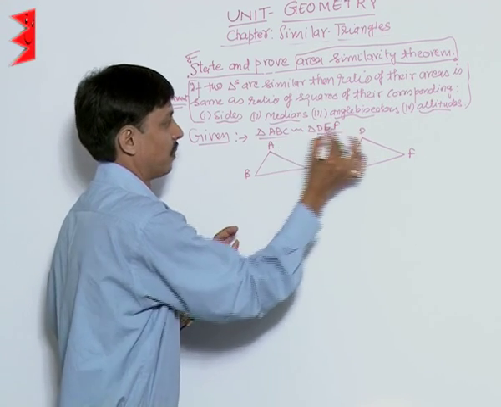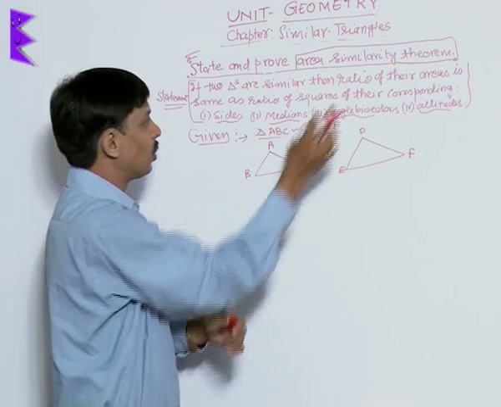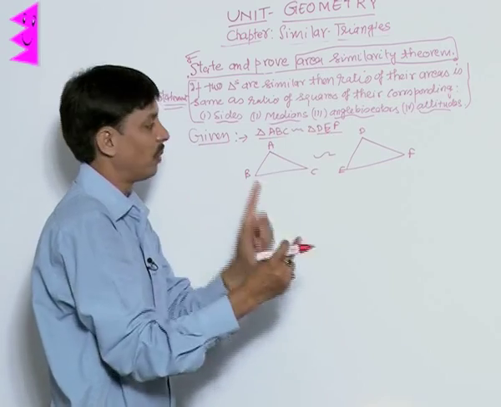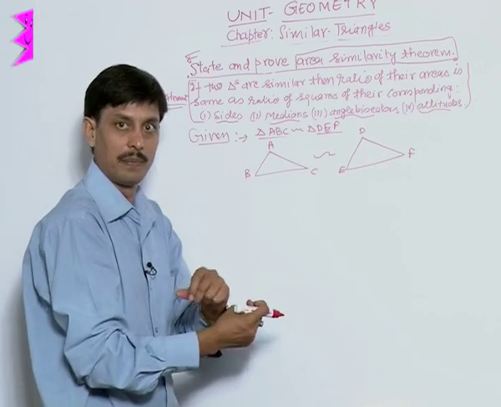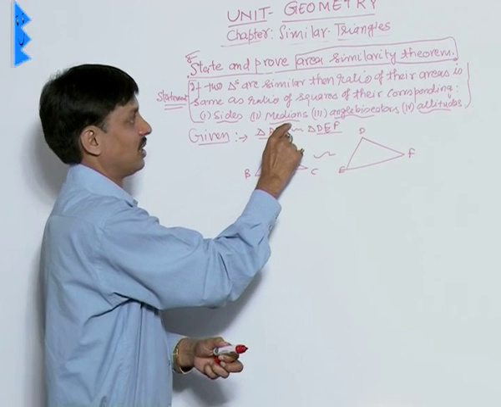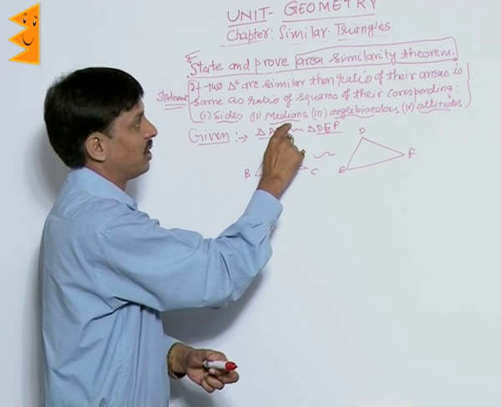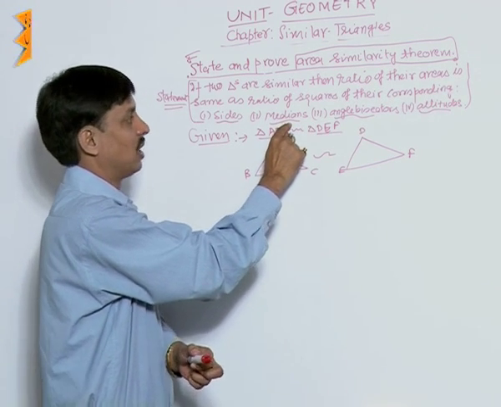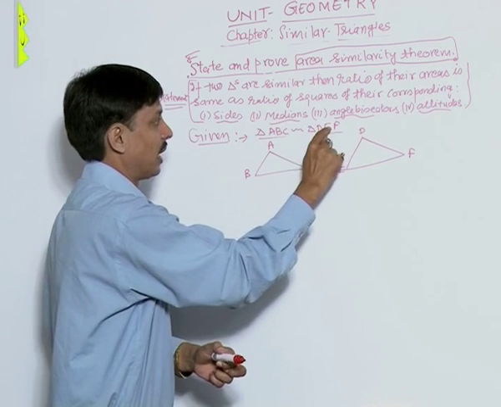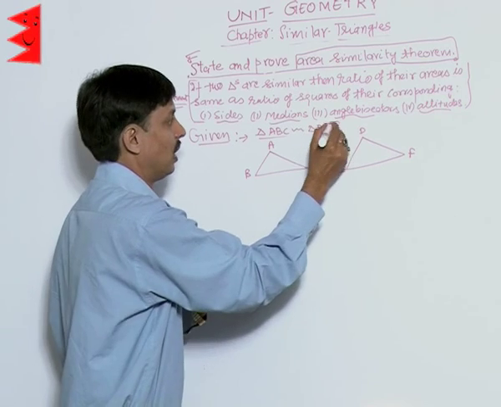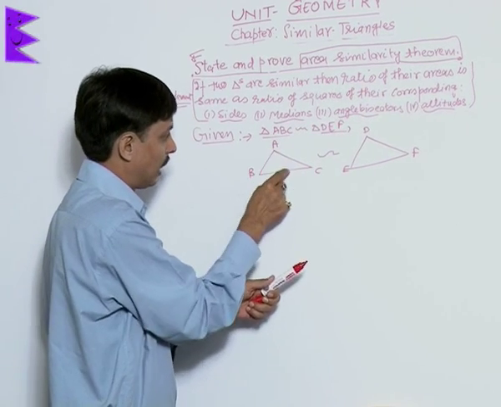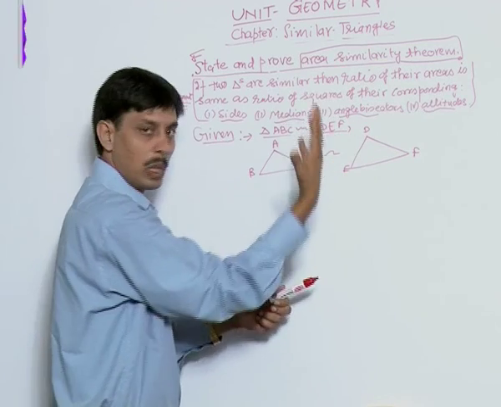If I am going to prove the first part, no additional information is required in the given. But if I want to prove the second part, that the ratio of areas of similar triangles is the same as the ratio of squares of medians, then in the given, in addition to the triangles being similar, I have to write that AM and DN are medians.